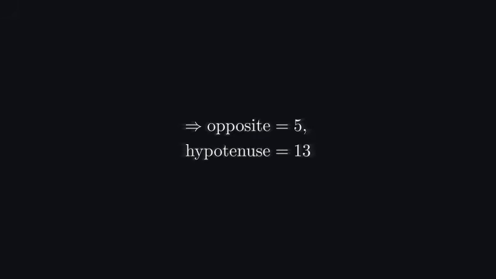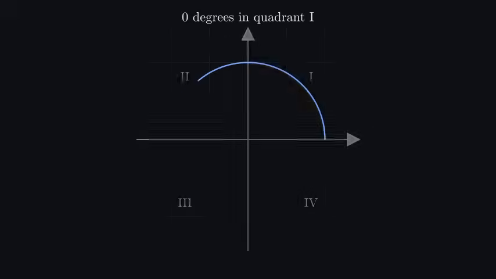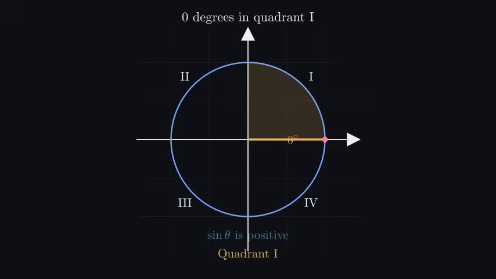Hypotenuse equals 13. On the Cartesian plane, y lies in quadrant I. Therefore, sin is positive there.